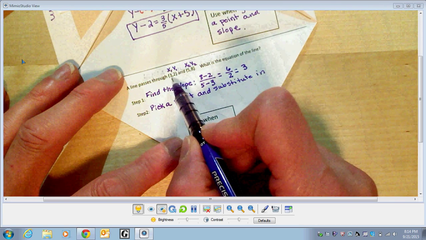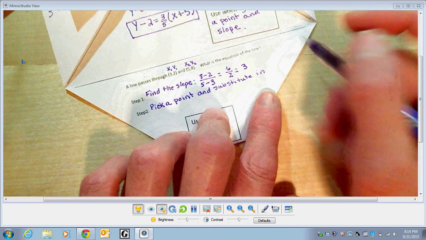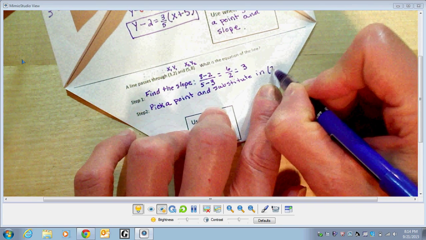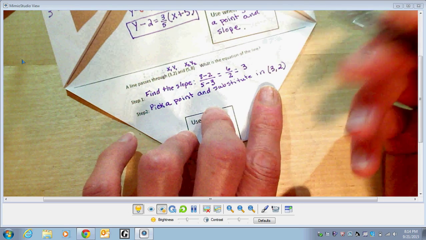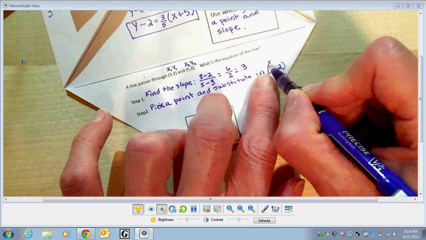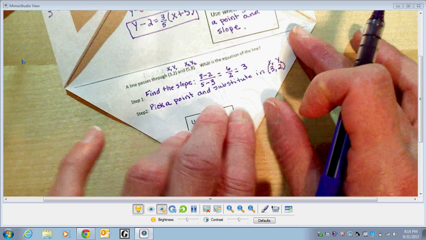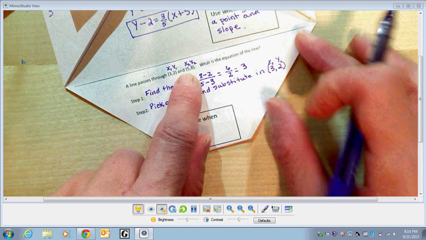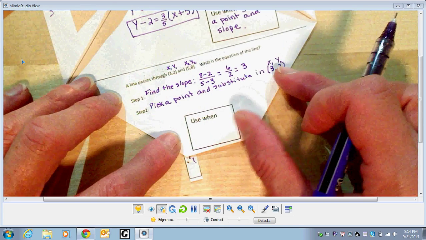Let's pick 3, 2 because it's just smaller numbers. So I'm going to substitute in 3, 2. I could have picked 5, 8, but I want smaller numbers. So remember, I'm going to mark this. This is x1, y1. Okay? Again, I could have picked 5, 8 and still called it x1, y1. It doesn't matter. They're arbitrary names.